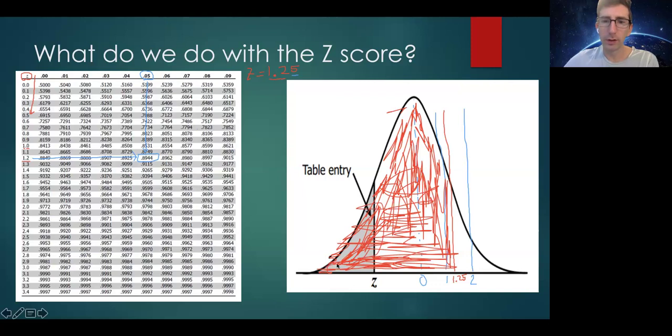And so this is great. This is exactly what we need. We needed a way to find areas under the curve for cutoffs along our distribution that don't fall exactly on a standard deviation. And this is exactly what we've done.